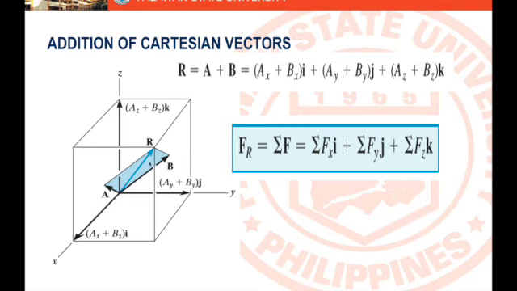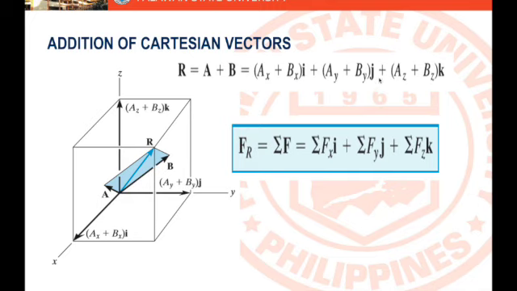R, the resultant vector, is equal to adding vectors A plus B. And adding vectors A plus B, what would you do? In 2 dimensions, we take all the components in the x-axis and add them up. So here we have Ax plus Bx. Same goes for the y components, Ay plus By, j. So for x, Ax plus Bx, i, plus Ay plus By, j.